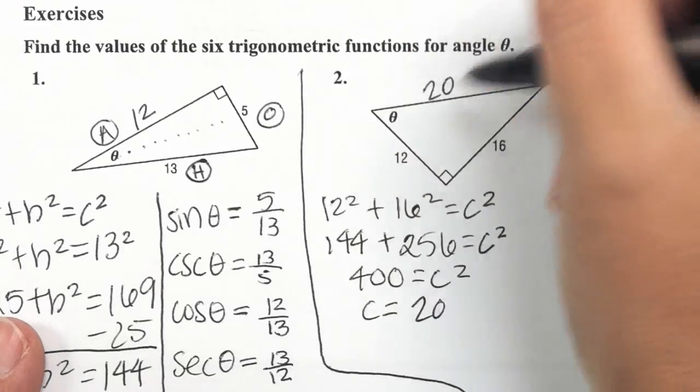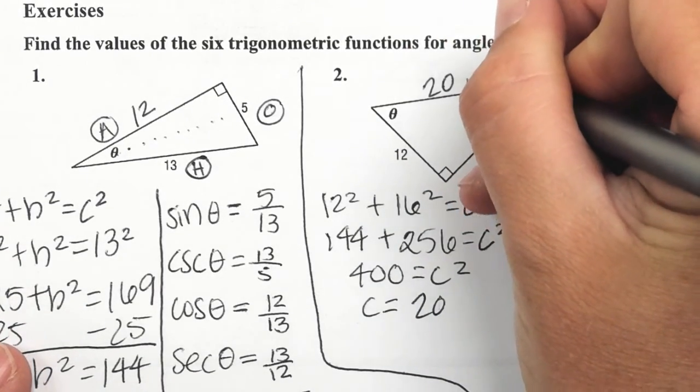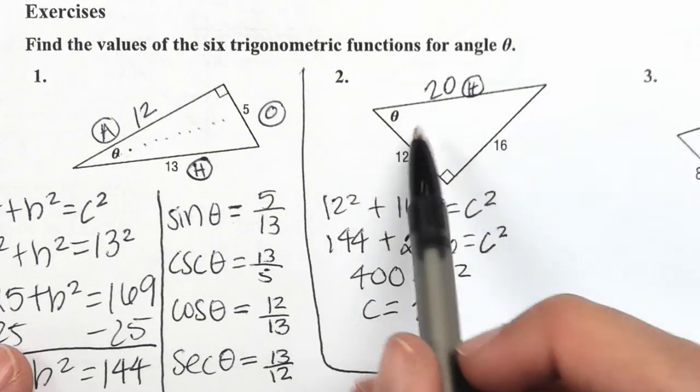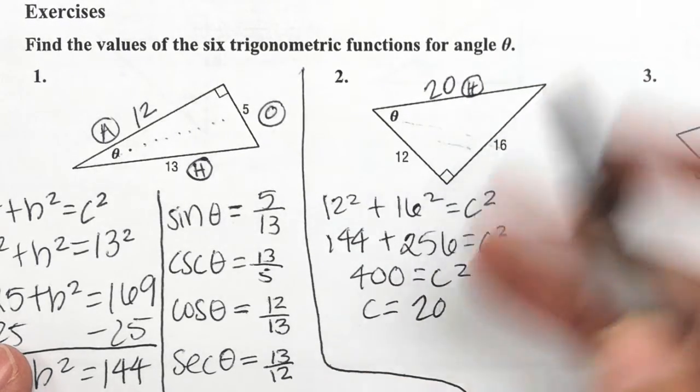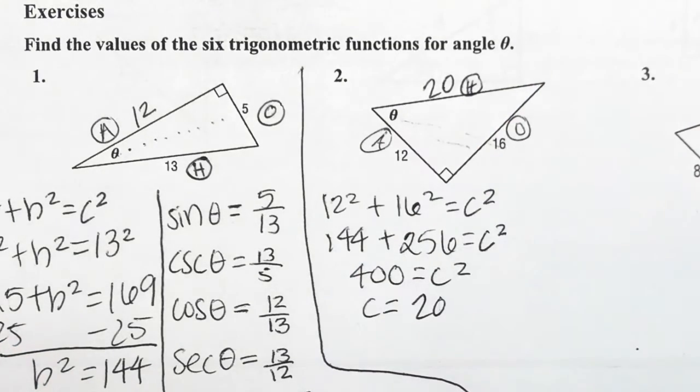Now, with respect to theta, tell me what our h is. O? Good, because it's across from theta. So that's going to be O. And A is going to be 12. Alright, what do we notice about all these sides? 20, 16, 12. What else? What else? Somebody said it? Yes. We hadn't got into that yet. What else they have in common?